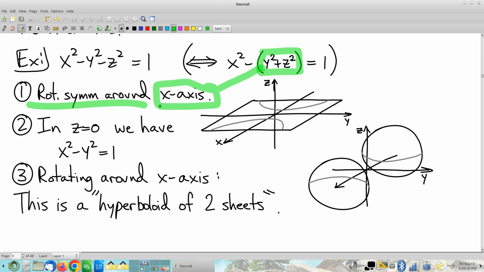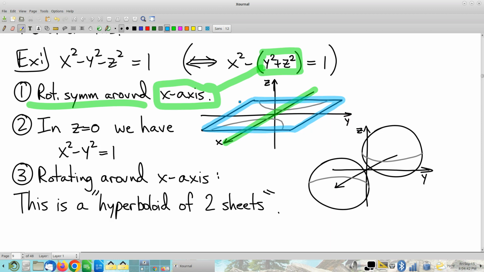Okay, so this equation here, now again, notice it didn't really present quite that way. The minus signs make it look a little bit weird, but a little bit of rewriting, and check it out. Sure enough, y and z appear only in the special form, and so we have a rotational symmetry around the x-axis.